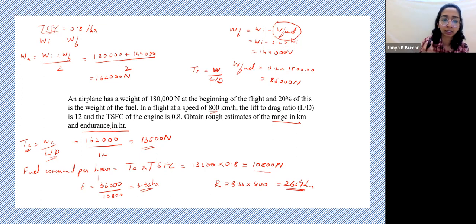Like somebody had said, it is the rate of fuel consumption. So that gives you this 10,800 newtons per hour. Now that you have the complete fuel, you see how long it will fly. And the range is just the multiplication of that time and velocity. So this gives you the rough estimate of range and endurance.